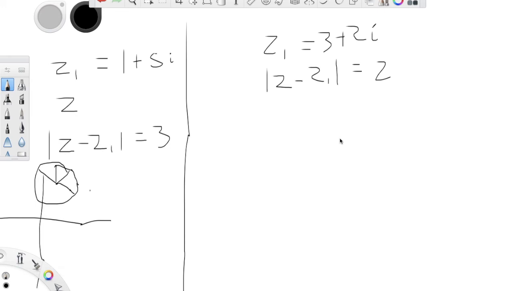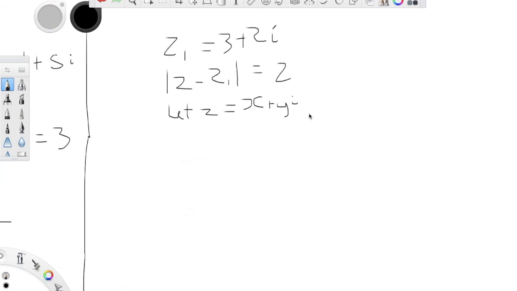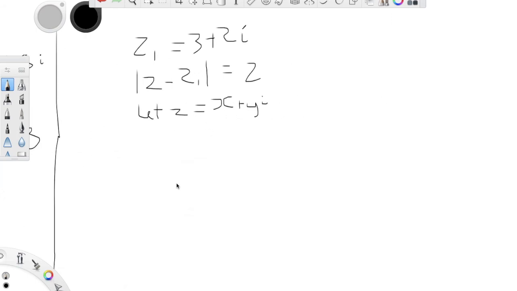What we can do is let z equal x plus yi. We're going to move over here so we've got a bit more space. Now we just sub in all these values.